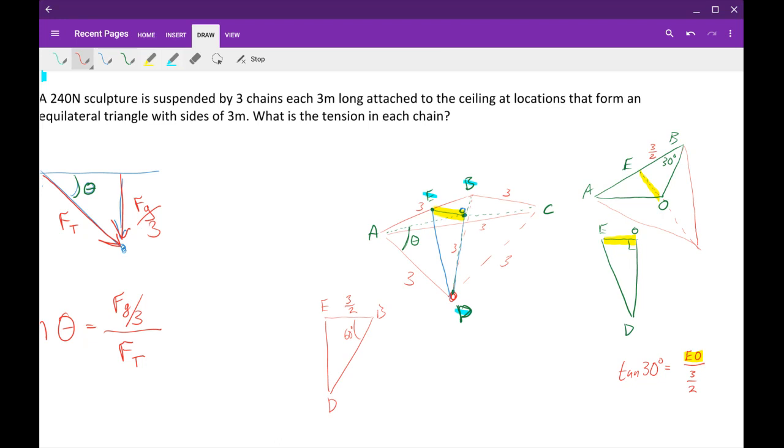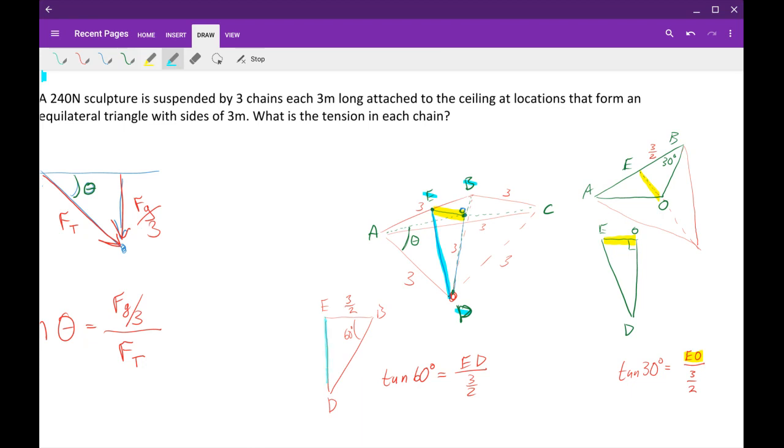So therefore, I can write the following, that the tangent of 60 is the opposite, or ED, over 3/2. So now I have ED, which is this line right there.